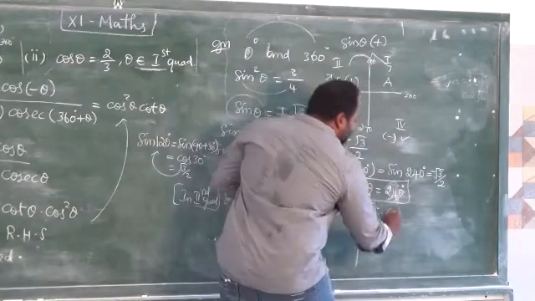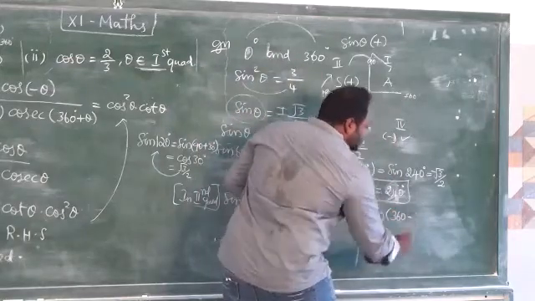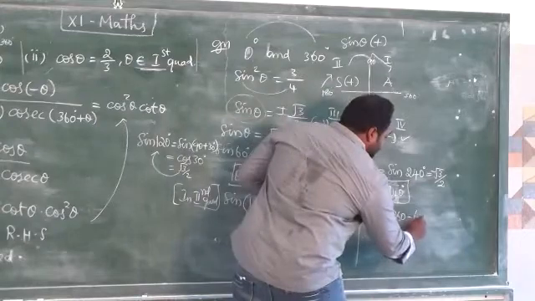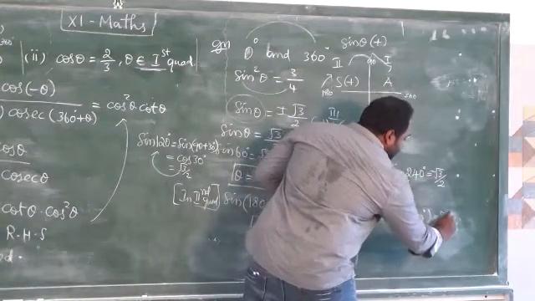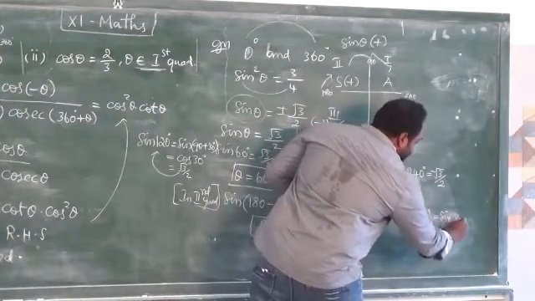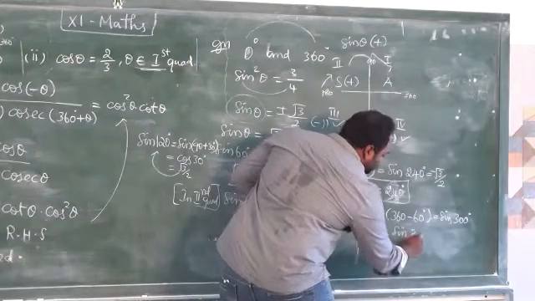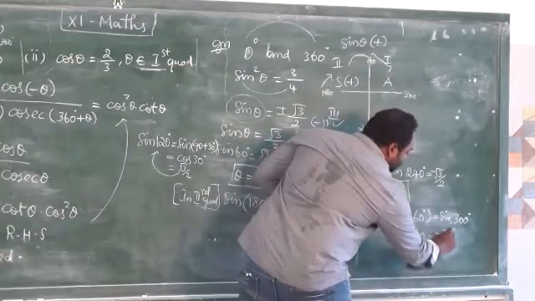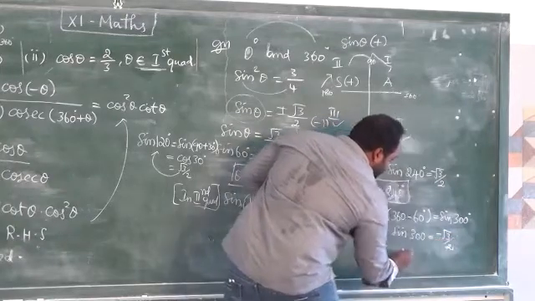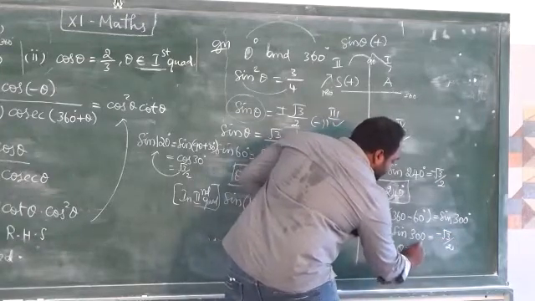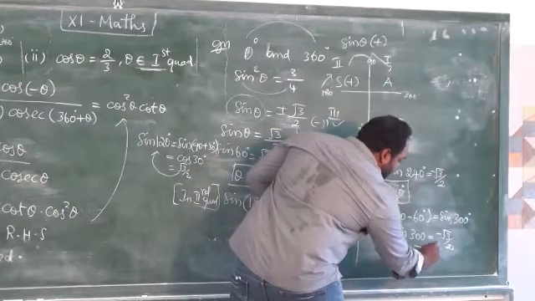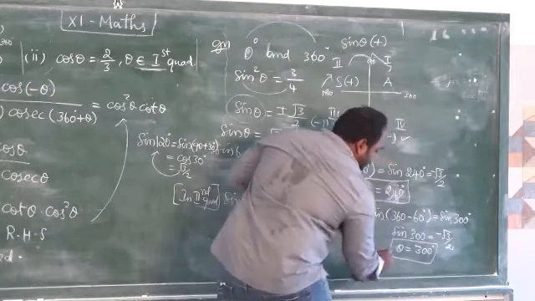We can take 360 minus, which won't affect the ratio. So 360 minus 60 can be written as sine 300. The sine 300 value is also minus root 3 by 2. So theta value is 300 degree, which satisfies the given data.